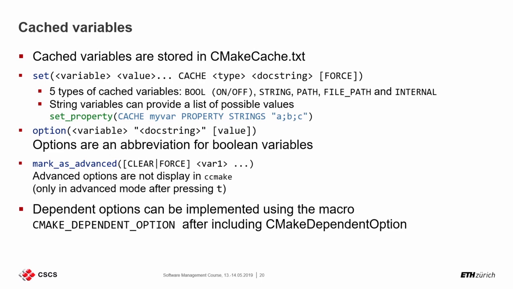So now, usually we have an option that says enable CUDA. Now, if this is turned to off, you don't want to see the option to set the CUDA architecture. So then we create a dependent option that will only show if some other option is set to true. So if GPU is enabled, we will give this extra option.